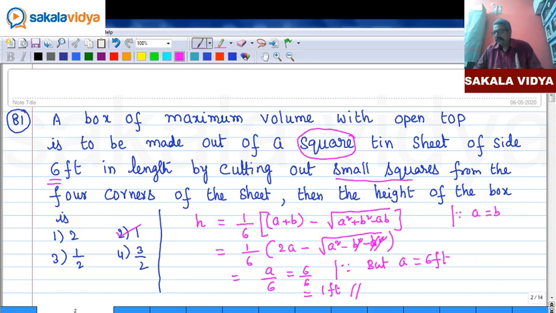So in the place of b I substituted a, so that h is equal to a/6. Here a is equal to 6, so the height of the box will be 1 foot. This may be a very important question. Please practice this question once again.